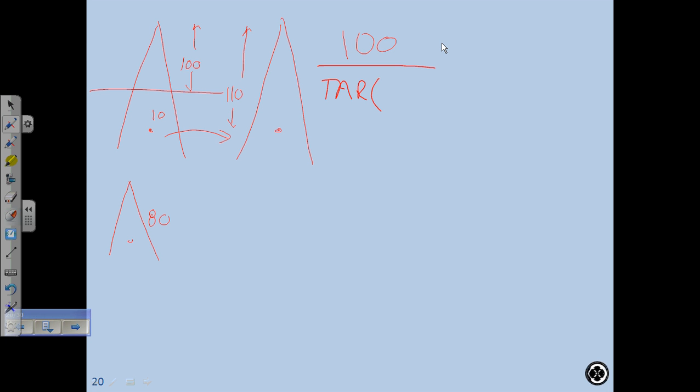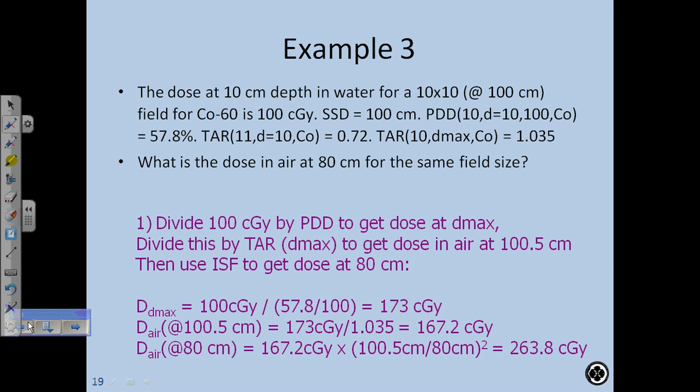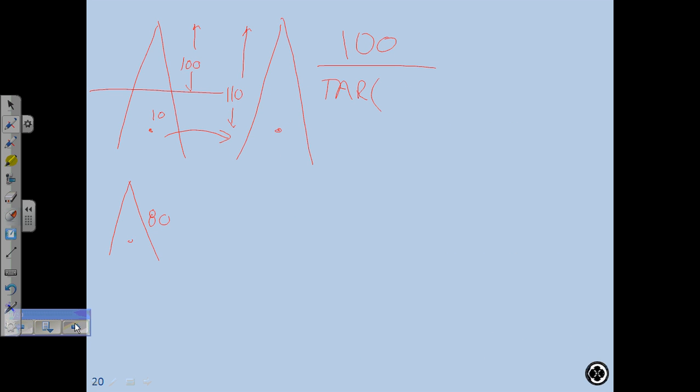What TAR? Do we have this TAR? We have the field size of 11, we defined the field size as 10. This 11, this one here. Yeah. But what about this 11? Are we okay with this 11? I think it's wrong. Well, what's the field size here?